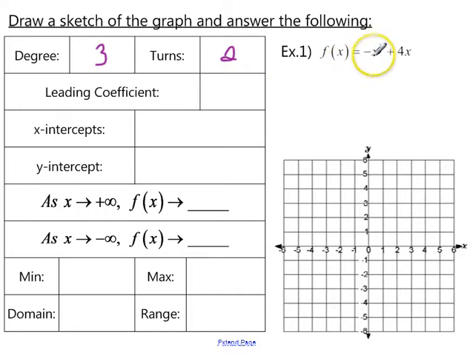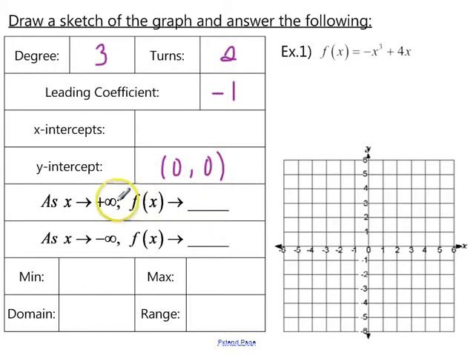And the leading coefficient here is -1. Next, we can also answer the y-intercept because it's always going to have an x-coordinate of 0, and then your y-coordinate is going to be the constant. Now, we mentioned this before, but because this doesn't have a constant term, it's going to be 0.